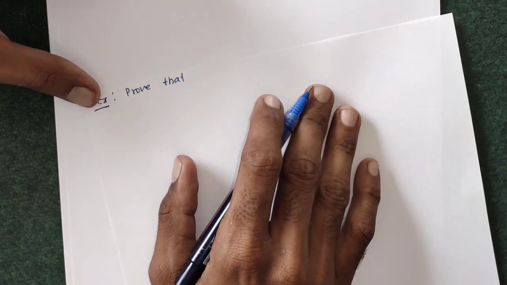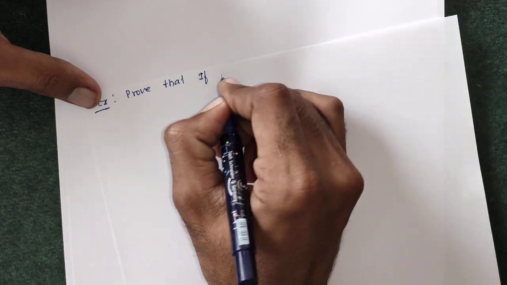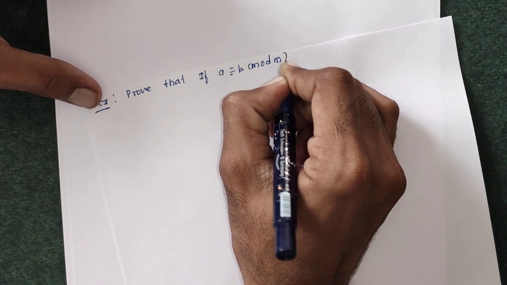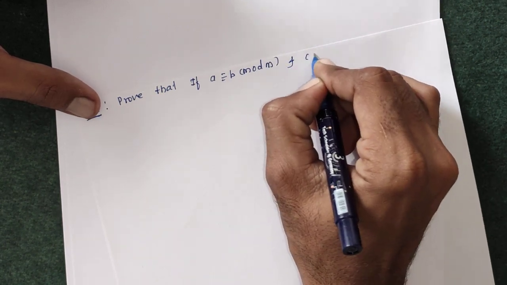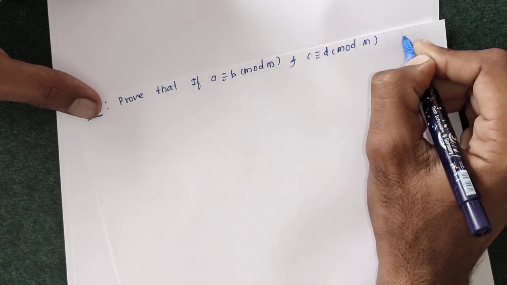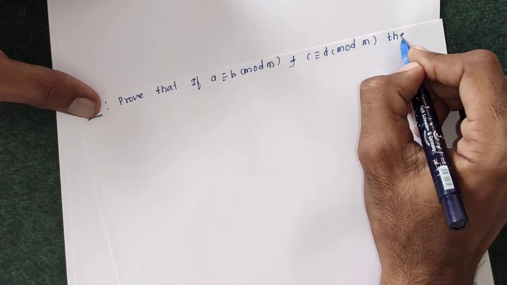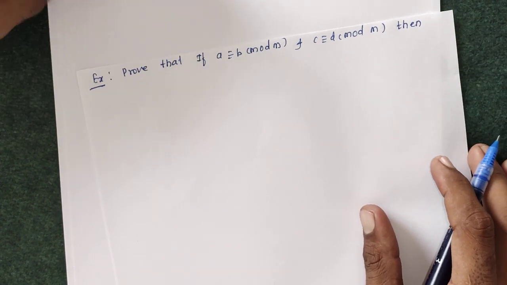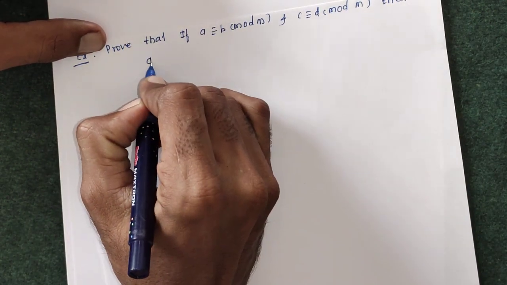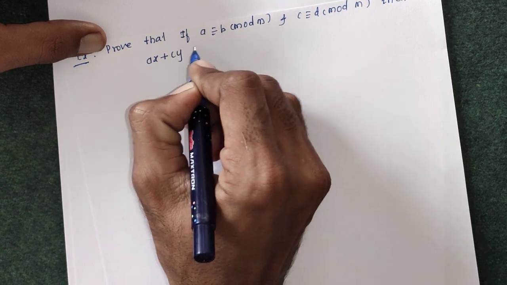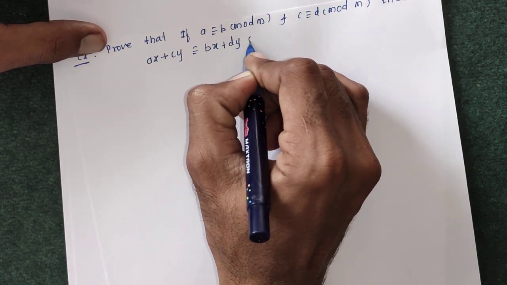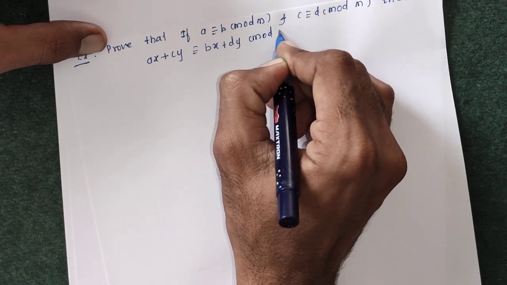if A is congruent to B modulo m and C is congruent to D mod m, then ax plus cy is congruent to bx plus dy mod m.